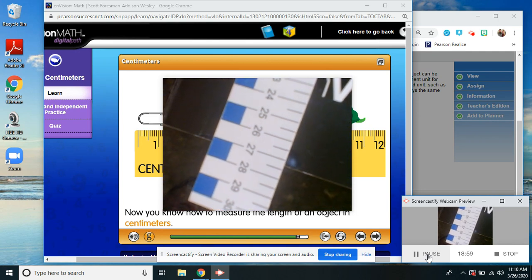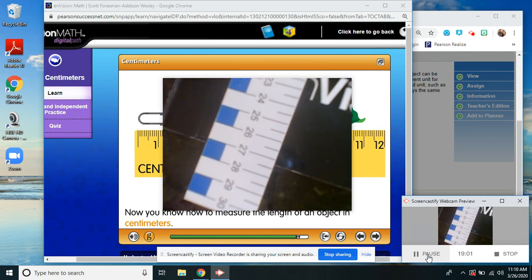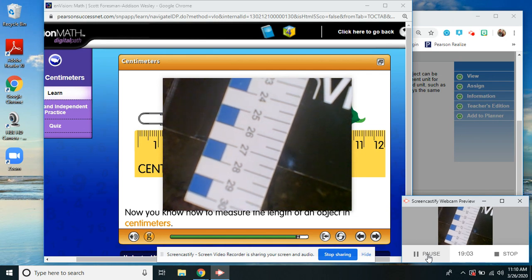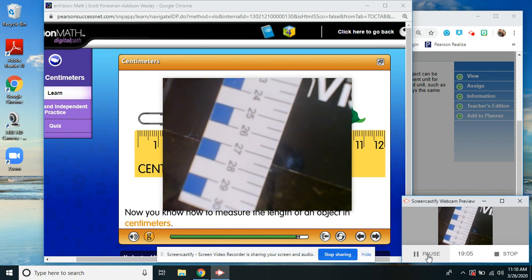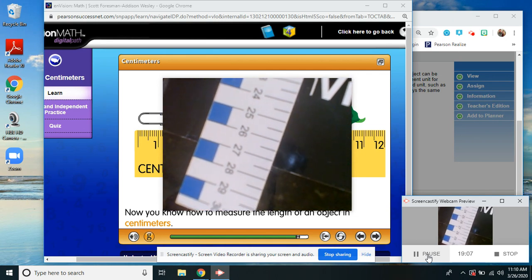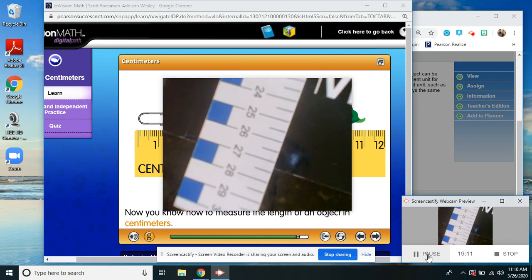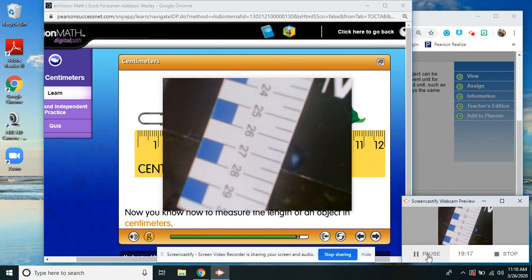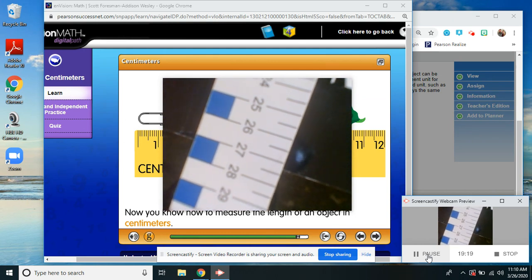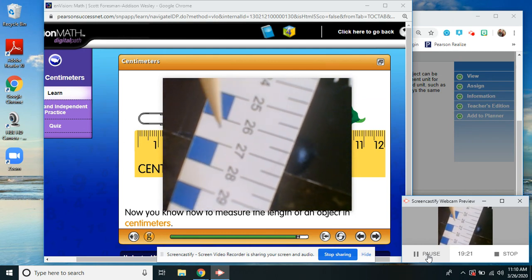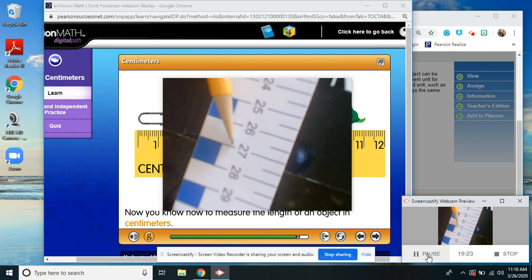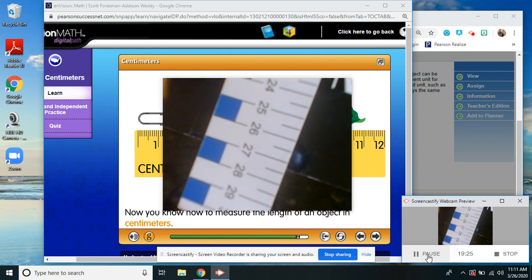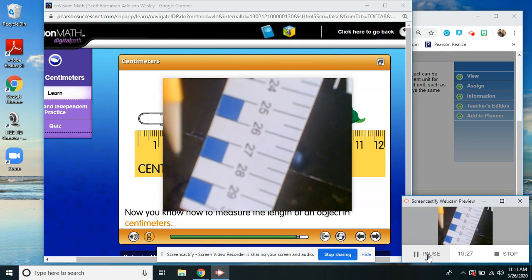You will use this throughout your entire life, whether you are measuring how tall you are, whether you're measuring to see if a table will fit into your kitchen, whether to see if a shirt is going to be long enough for your arms. It is going to be used throughout your whole life. Okay, so 27 and 28 are the two marks that our book lands between.